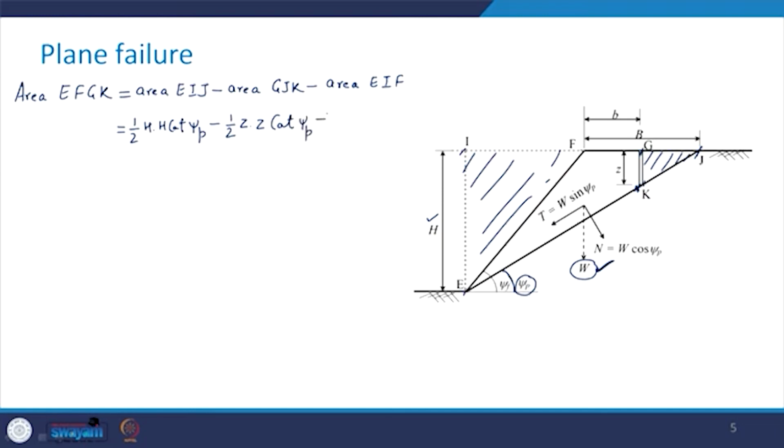Then minus area EIF, and for this triangle the angle psi f will come into picture. So, we will get half h into h cot psi f. So, what we are going to get is half cot psi p, and in bracket we will have h square minus z square, and minus half h square cot psi f.